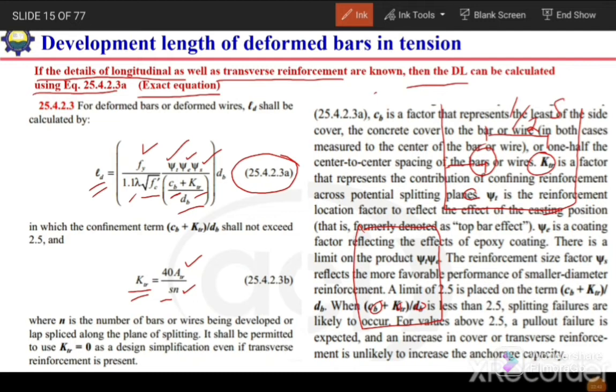The value of this factor (cb + Ktr)/db is restricted to 2.5. If it is more than 2.5, we will take it as 2.5. Similarly, for the simplification of design, this Ktr factor can be assumed equal to 0, even if we know the transverse reinforcement, its spacing as well as the area.